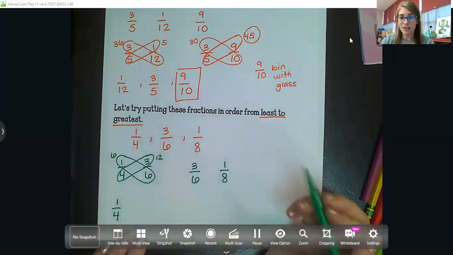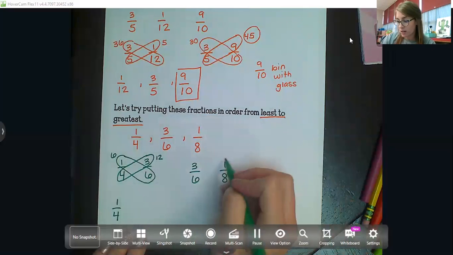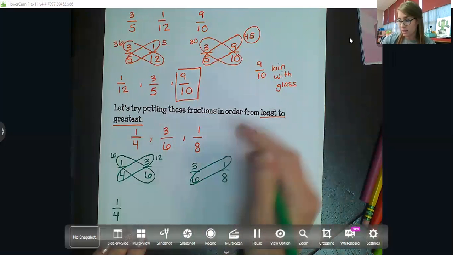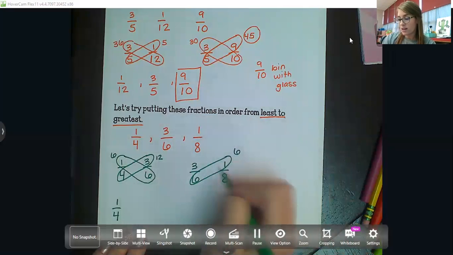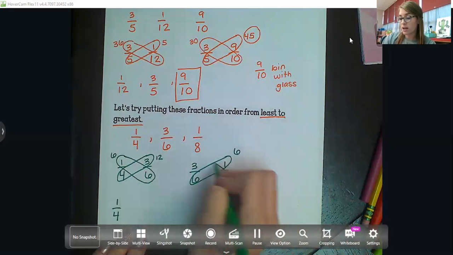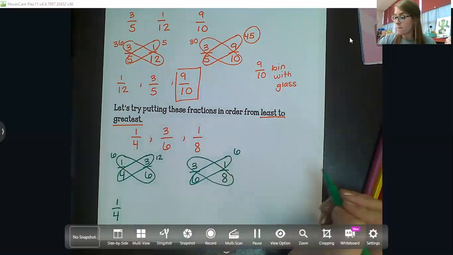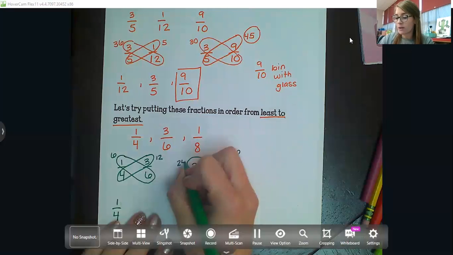Okay, what do I do first? Very good. I'm going to cross multiply. 6 times 1 is 6. Very good. And then I'm going to cross multiply the other side. 4th grade, what is 3 times 8? Shout it out real loud, real loud. Very good. It is 24.